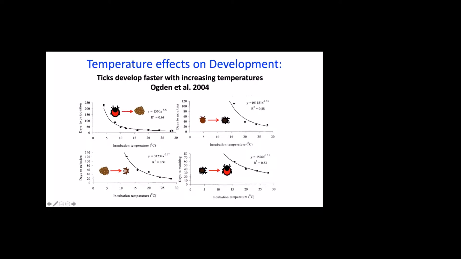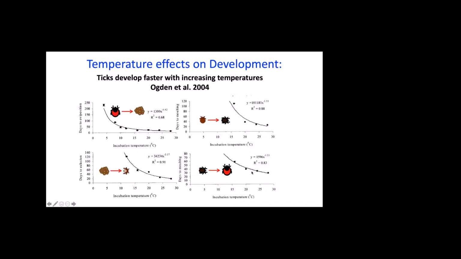You see the same pattern in the next slide down: once you lay the eggs, the eggs then hatch into larvae, and at a lower temperature it takes longer for them to hatch, and at a higher temperature it takes less time. And you see the same for engorged larvae to nymphs in the upper right panel, and from engorged nymphs to adults in the bottom right panel.